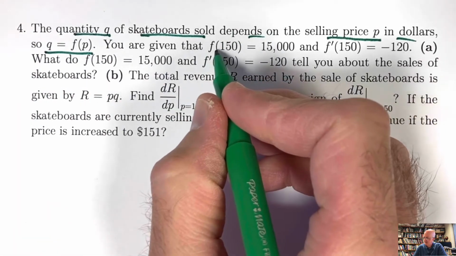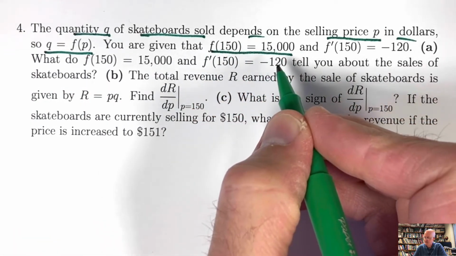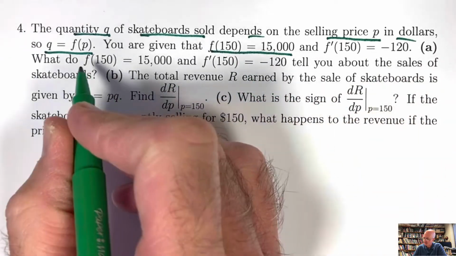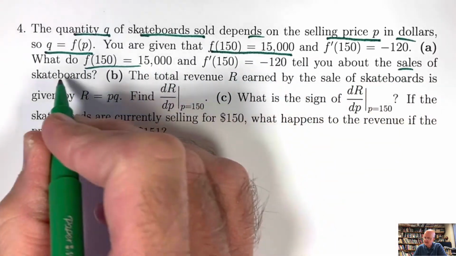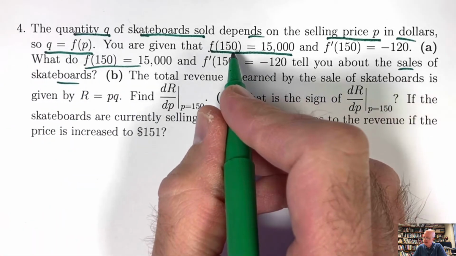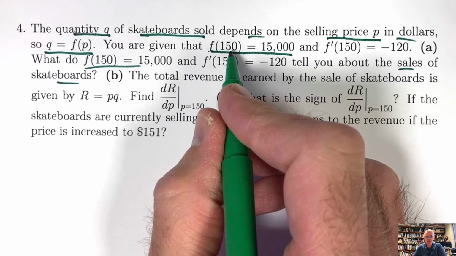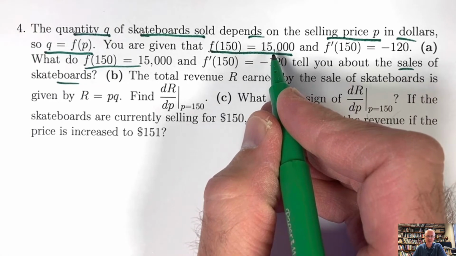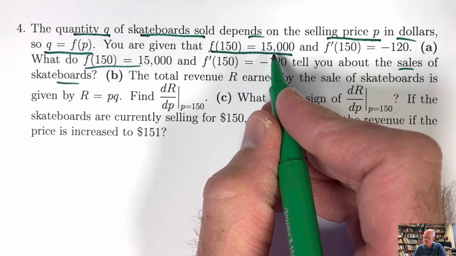You were given that f of 150 is 15,000. In other words, think about, we're going to answer part A and part B here. What does this tell you about sales of skateboards? I'm just going to answer it verbally and not bother writing it down. This is going to say when P is 150, when the skateboard is $150, you're going to sell 15,000 of them, again in some unspecified amount of time, like a month.